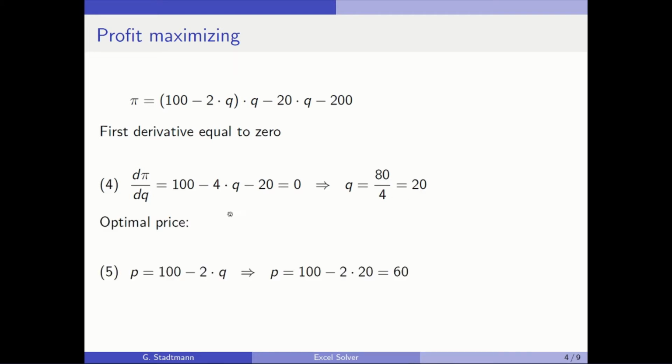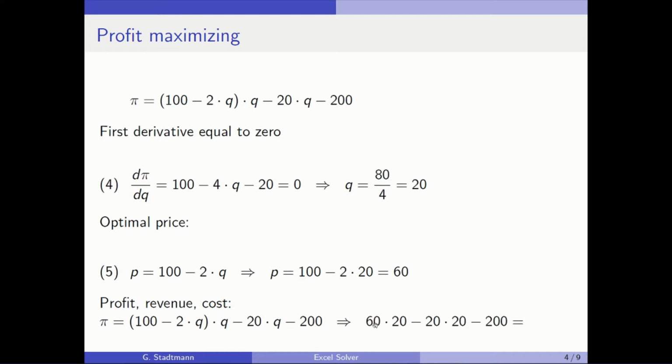The optimal price is given by this relationship. We have to insert the information that the optimal quantity is equal to 20, so that we get the information that the optimal price is equal to 60. The size of profit is equal to, like first we have to compute the price times the quantity minus 20 times the variable cost minus the fixed cost.